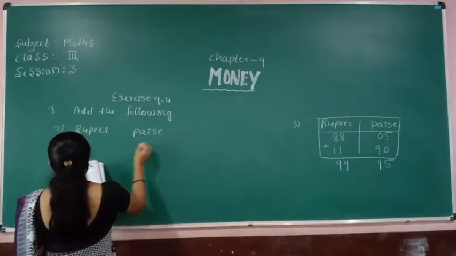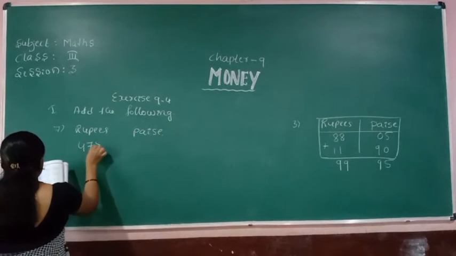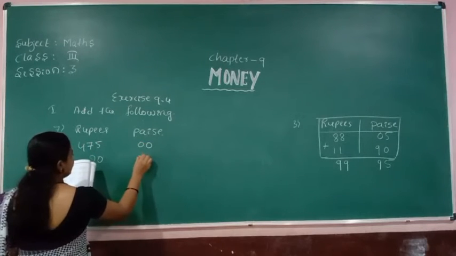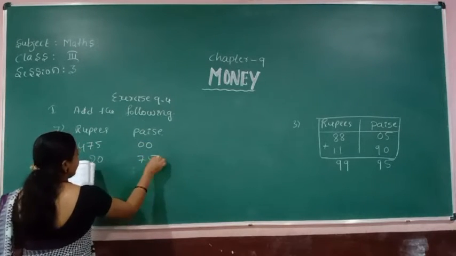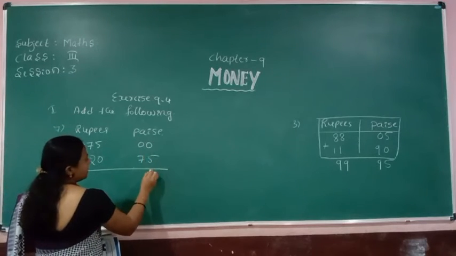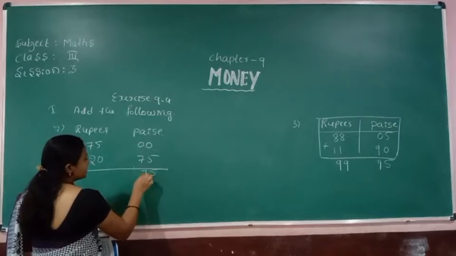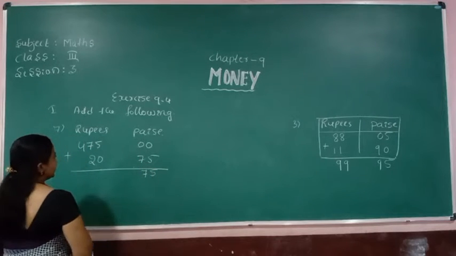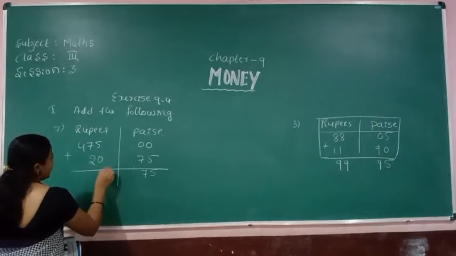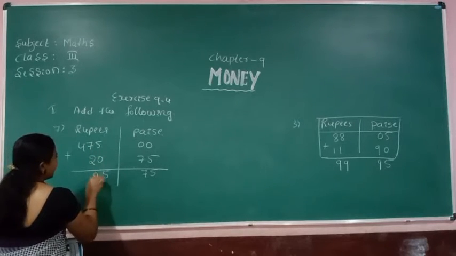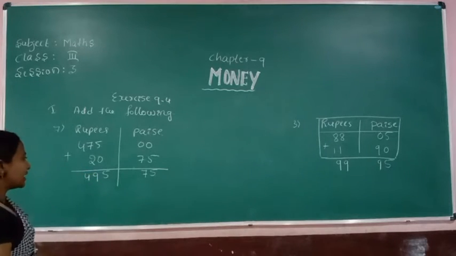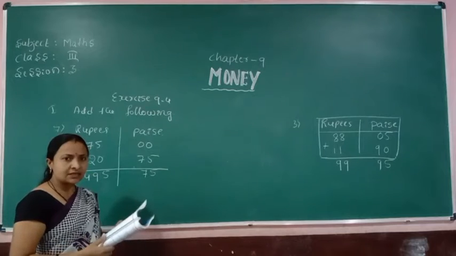Okay, so 475 rupees 5 paise, 20 rupees 75 paise. Now we will add these two. 0 plus 5 is 5, 0 plus 7 is 7, 75 paise. Next, 5 plus 0 is 5, 7 plus 2 is 9, 4 as it is. It means 495 rupees 75 paise. Understood?